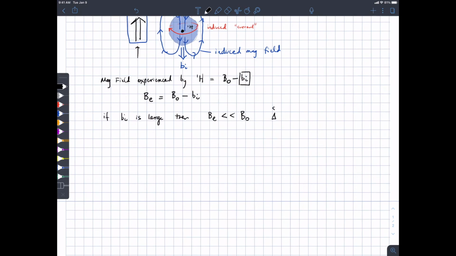This means a smaller or lower delta E, a lower resonance frequency, and therefore a lower chemical shift. So protons that are in electron-rich environments are said to be shielded, like the electrons are shielding the proton from the full effect of the magnetic field. All right. Questions so far?